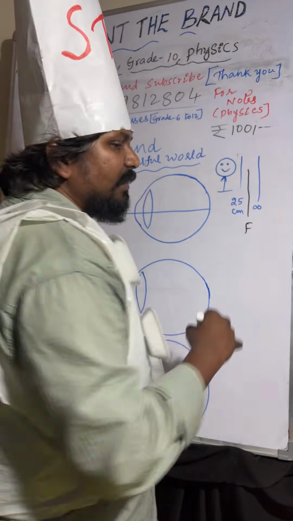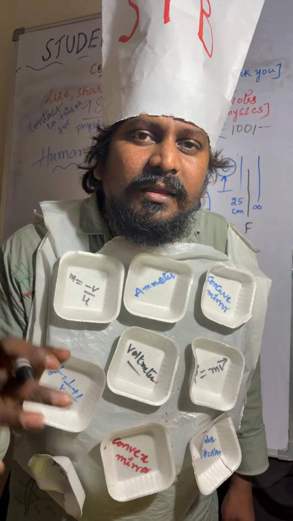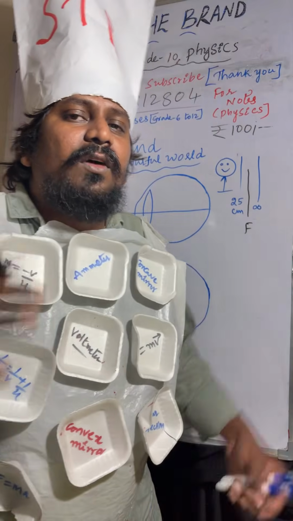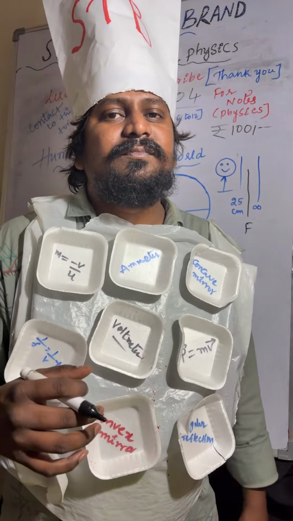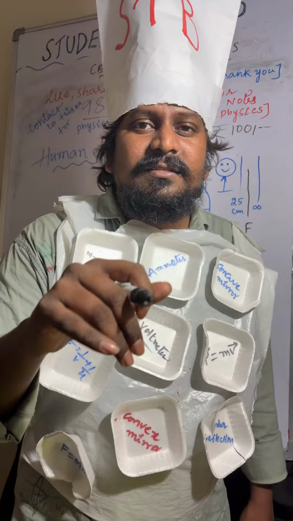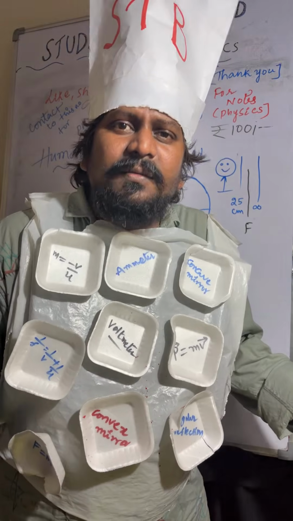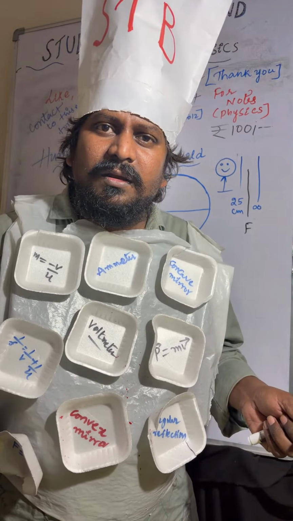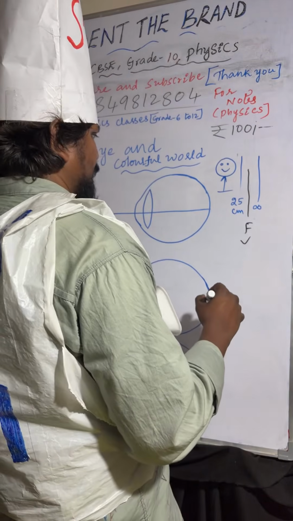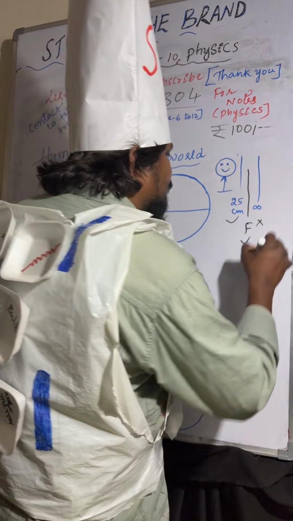This is the far point of the myopic eye. The person can see this point. If the light rays are coming from this point, those light rays will meet at the retina. So that is the defect, because we can see only up to that point. We can see this point, and we can also see this point, but we can't see this point.